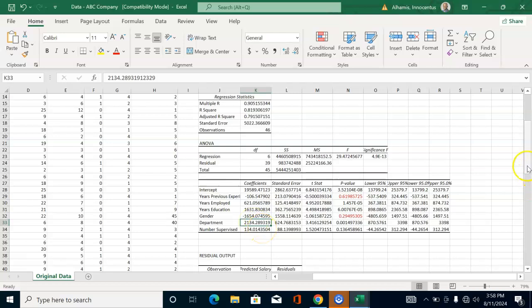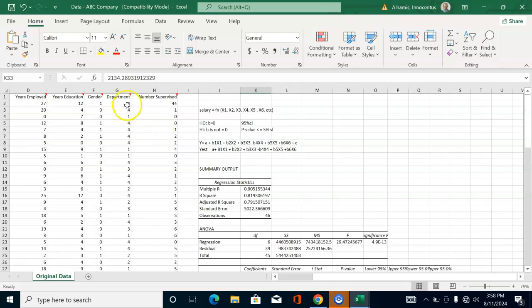So let's go very quickly to the department. Here you can see we have department, and they are organized from 1, 2, 3, 4, and we have sales as the first department, the second one is purchasing, the third is advertising, and fourth is engineering.